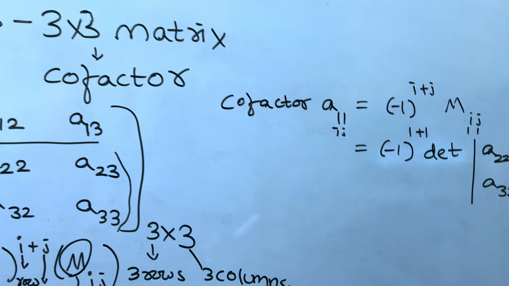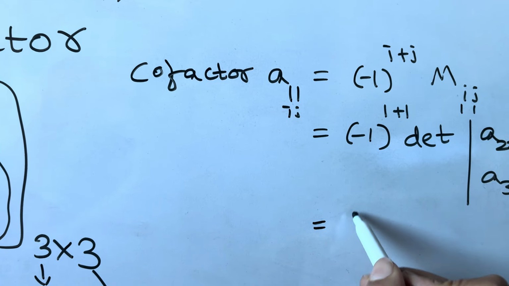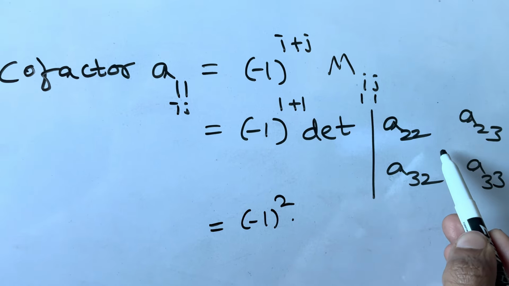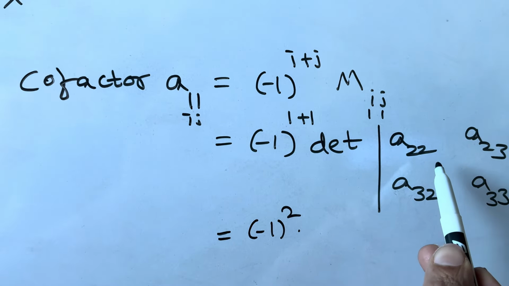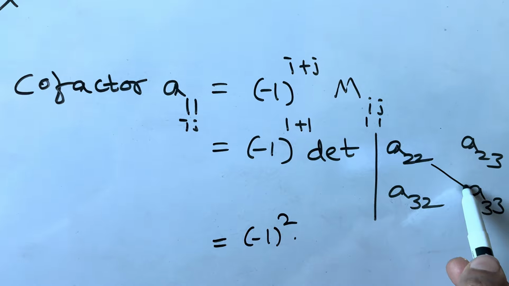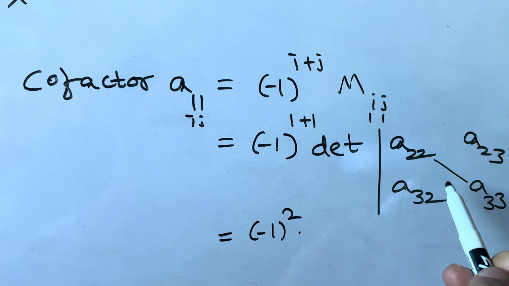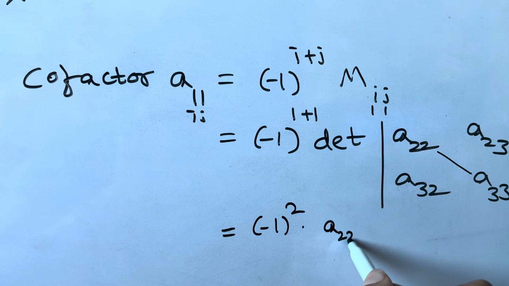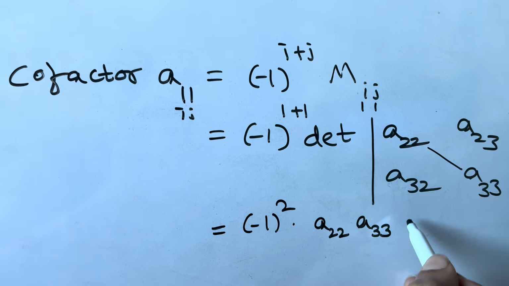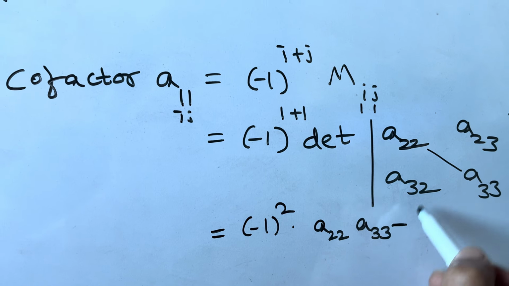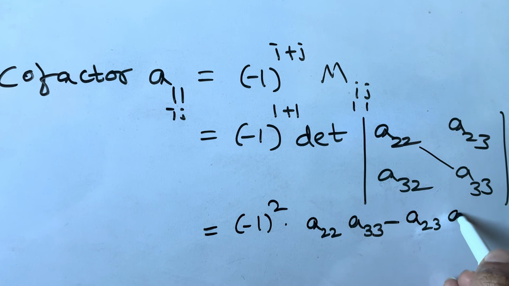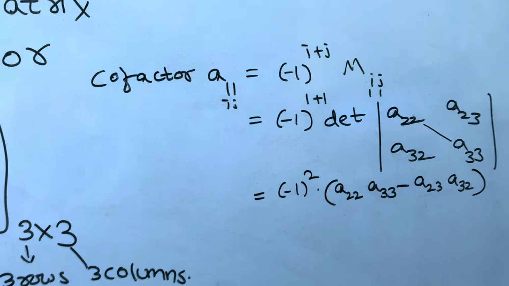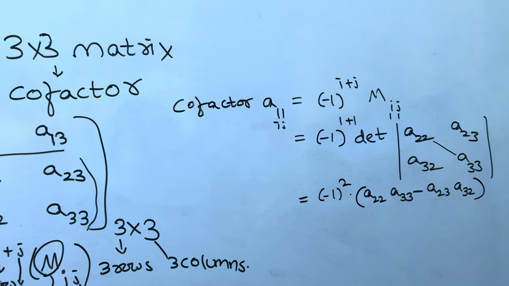And -1 to the power of 1 plus 1 is -1 to the power 2. The determinant, as I have shown in my earlier videos, can be found by multiplying the diagonal elements and subtracting the product of the other diagonal elements. So it can be written as A22 times A33 minus A23 times A32. This is the way that you find the cofactor for the first element.